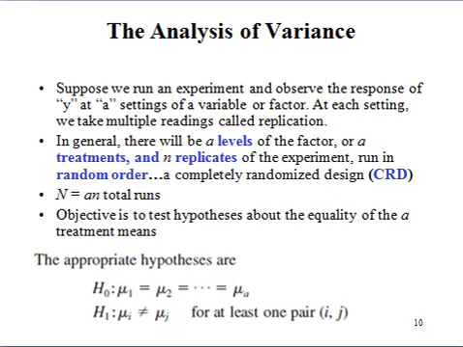Small n would be the number of replicates, and small a would be the treatments or levels of the factor, while capital N, the total number of replicates or total runs, would be a multiplied by small n.